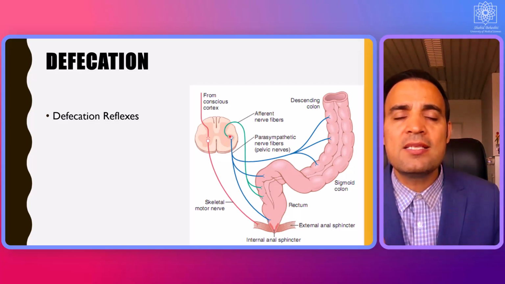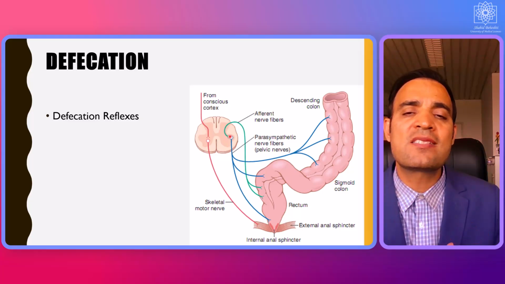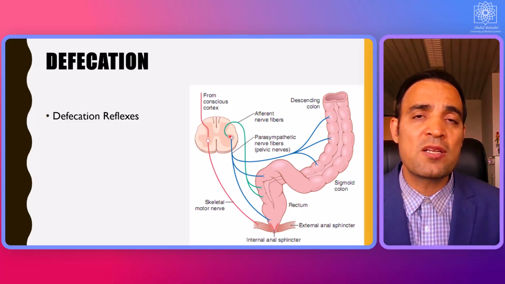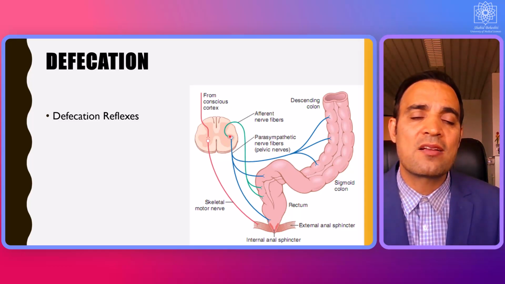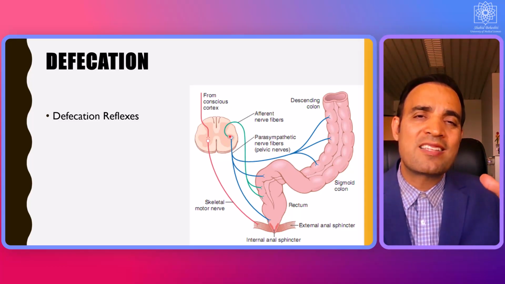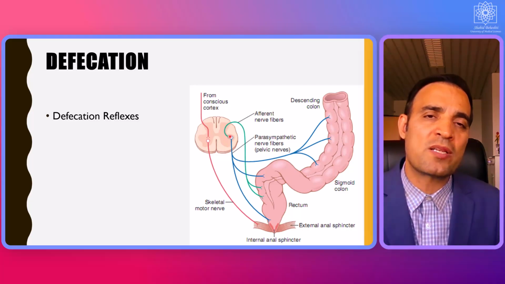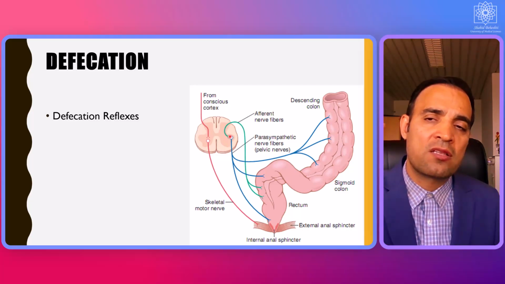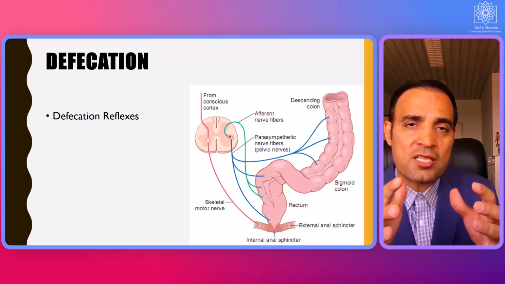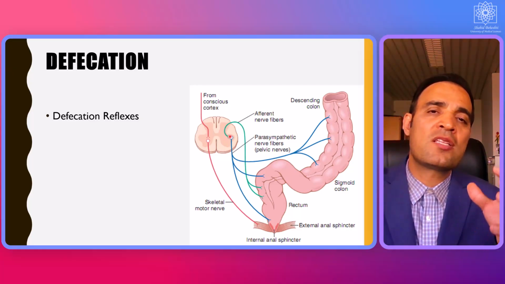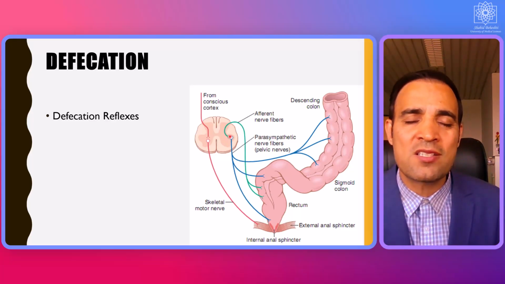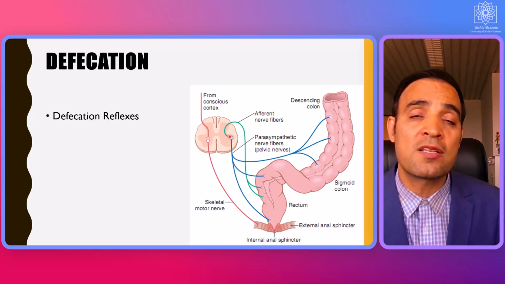And this will start a reflex that is started from the spinal cord. And what is the response of this reflex? It stimulates the contractility of the smooth muscle in the descending colon, sigmoid colon, and rectum. I mean that the pressure is increased and the pressure stimulates the contraction. And this starts another cycle of positive feedback.